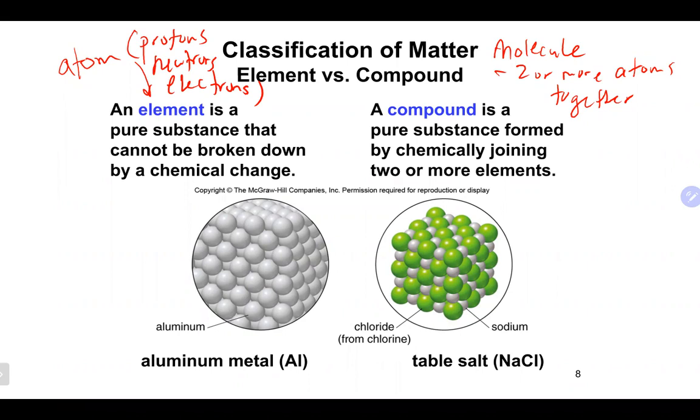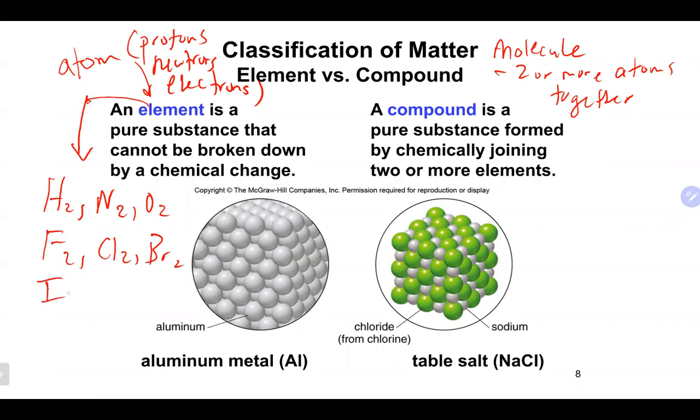For example, there are certain elements on the periodic table that, when they are uncombined and by themselves, actually come as molecules. For example, H2, N2, O2, F2, Cl2, Br2, I2.